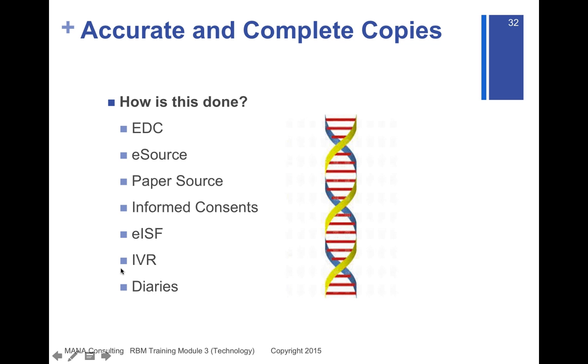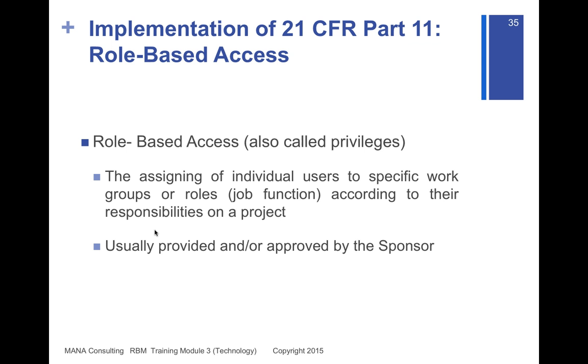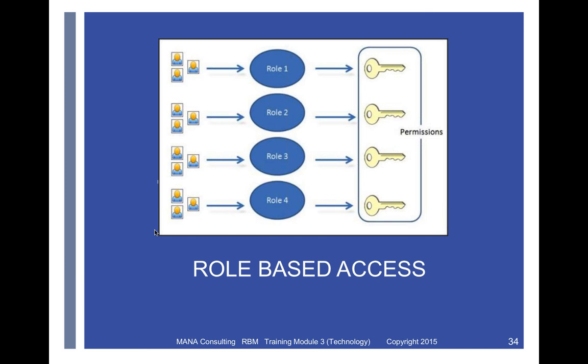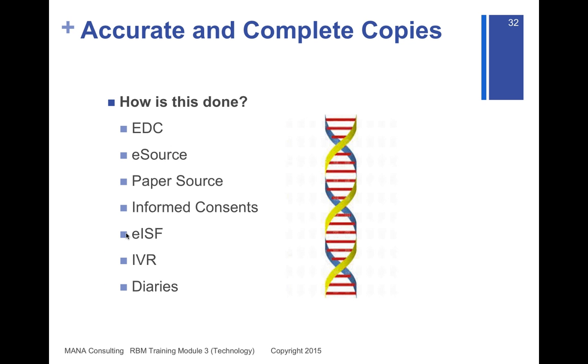And I think that's why you so often see these findings on audits, is that they can't find the paper informed consents once people come back to look at the data. Same way with an EISF. Again, you want an archive of that so that you can confirm it.